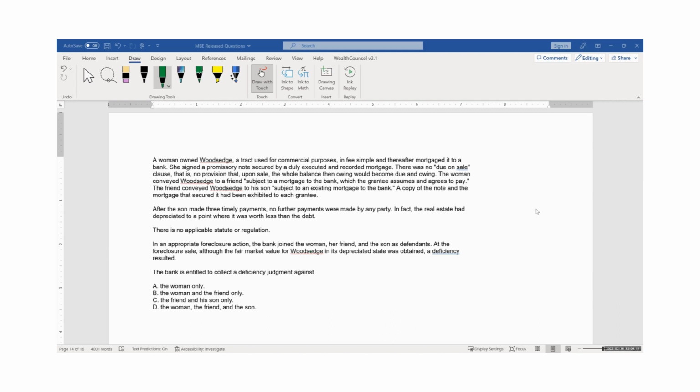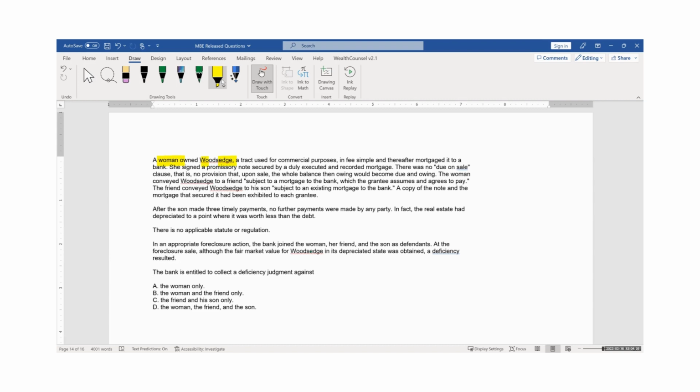As I have mentioned, what you will want to do as you're going through the fact pattern, if that's the method you go through, is identify parties.